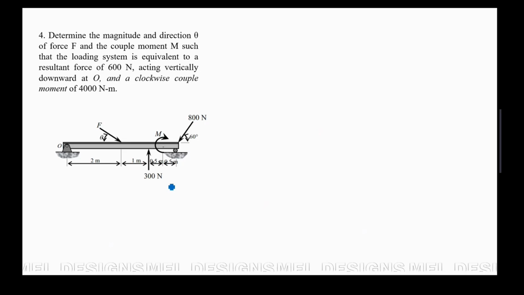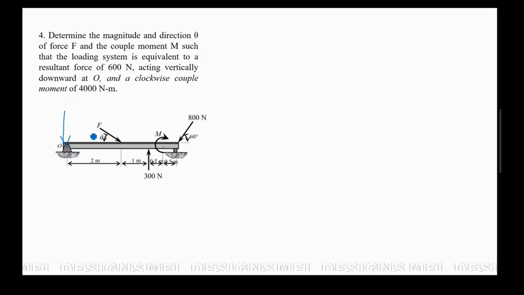Determine the magnitude and direction theta of force F. So this one, force F, and then the couple moment M, such that the resultant force is acting at point O. So we have a resultant here.